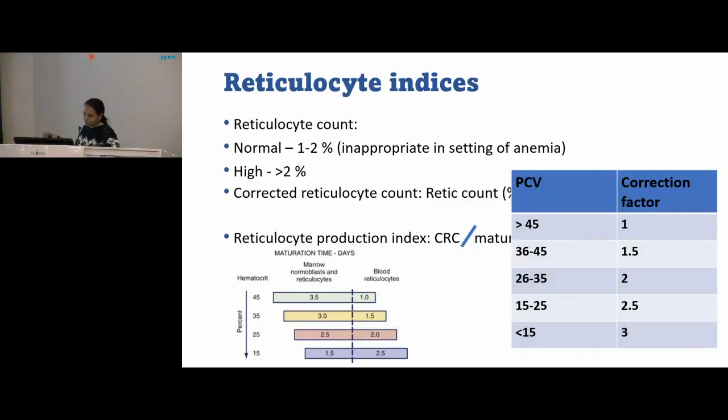So you have to use it based on the hematocrit in the patient at that point. So the maturation time is reducing in the marrow when you're having severe anemia, so they're even more rapidly released.